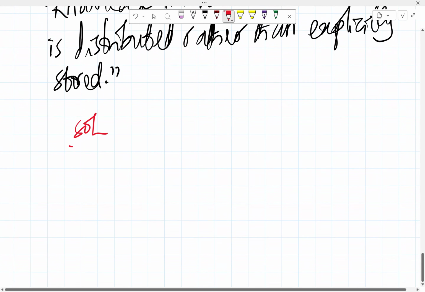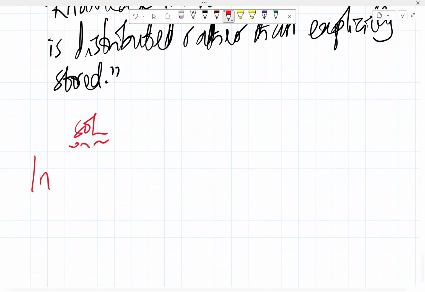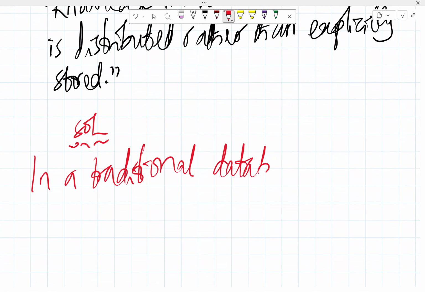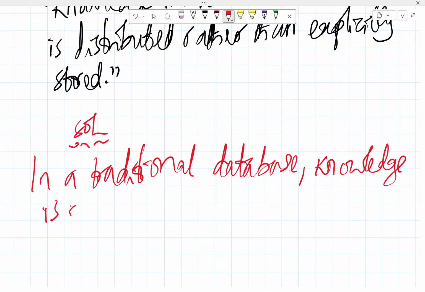So by way of solution, in a traditional database, knowledge is stored explicitly.